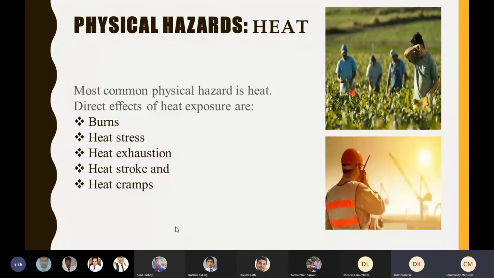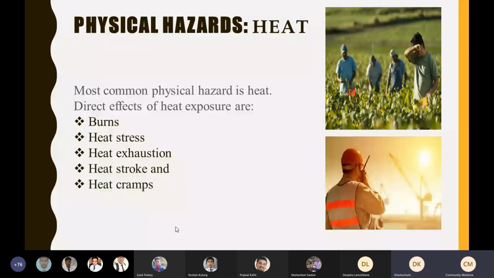So one of the most common physical hazards is heat, and the different health effects of heat exposure are burns, heat stress, heat exhaustion, heat stroke, and heat cramps. These are the different health issues faced by workers who work in high heat.